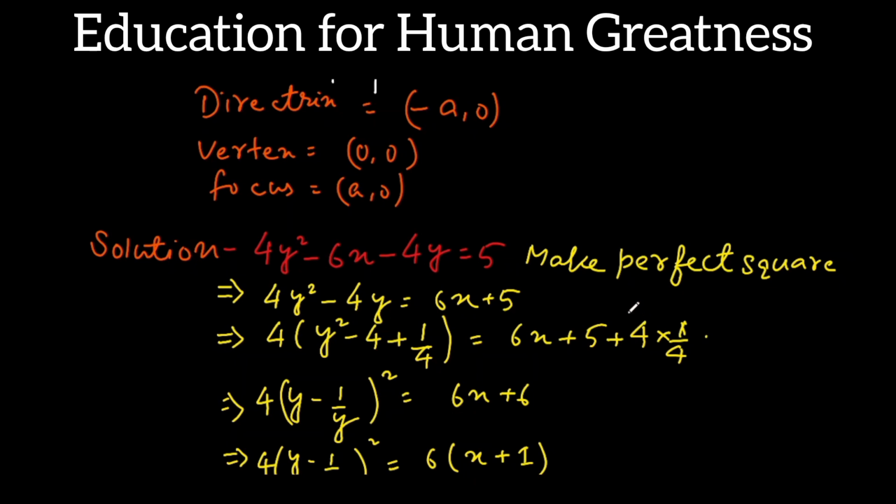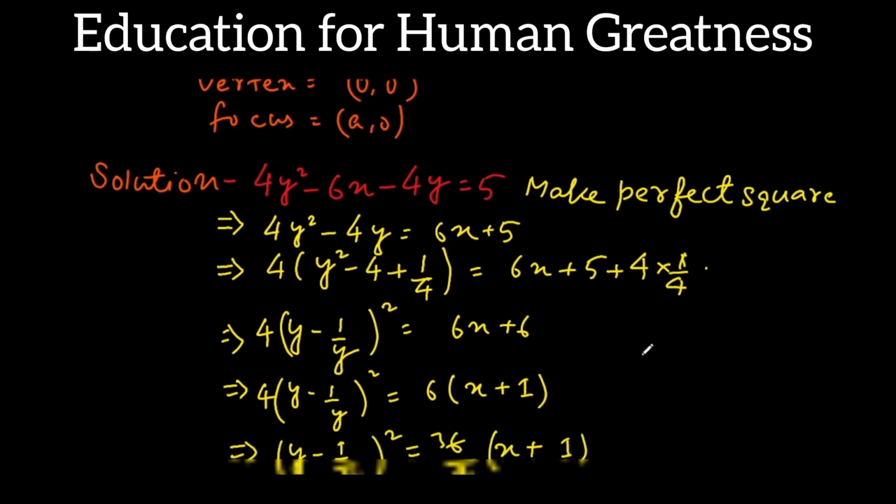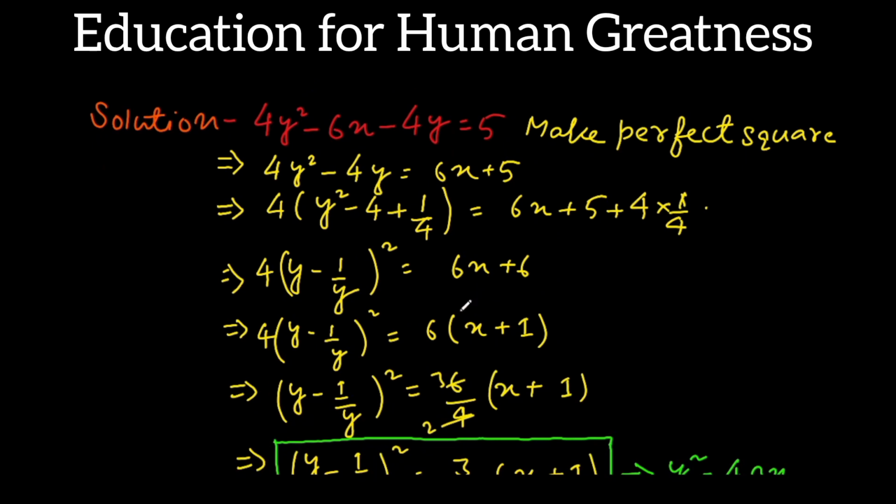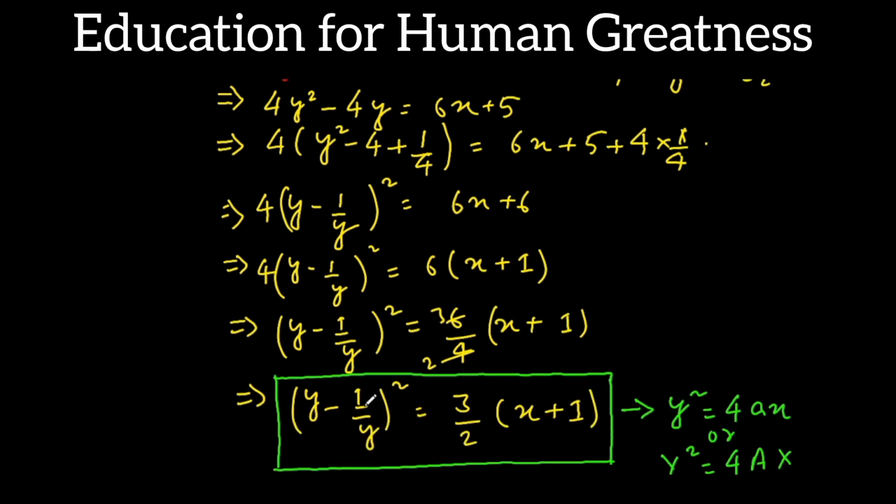So we have written 4 into 1/4. After solving you will get (y − 1/2)² = 3/2 (x + 1).